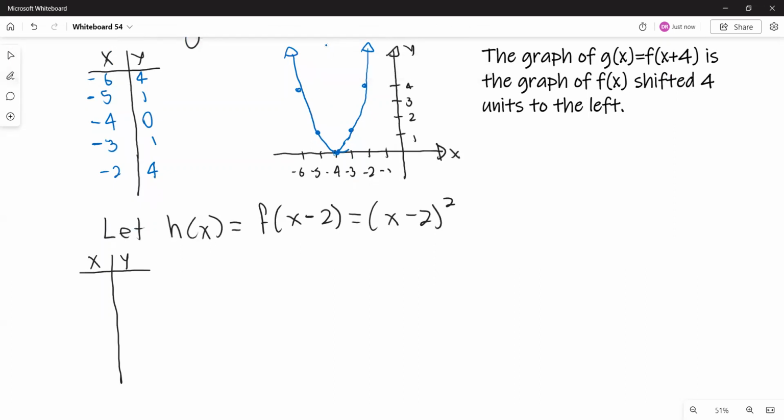If x is 2, y is going to be 0 because 2 minus 2 is 0 and 0 squared is 0.